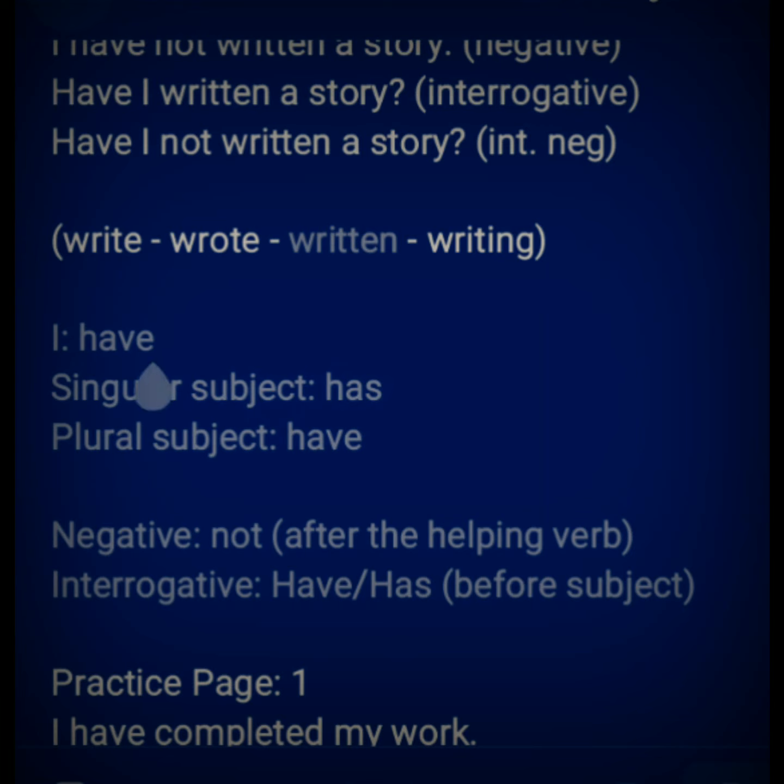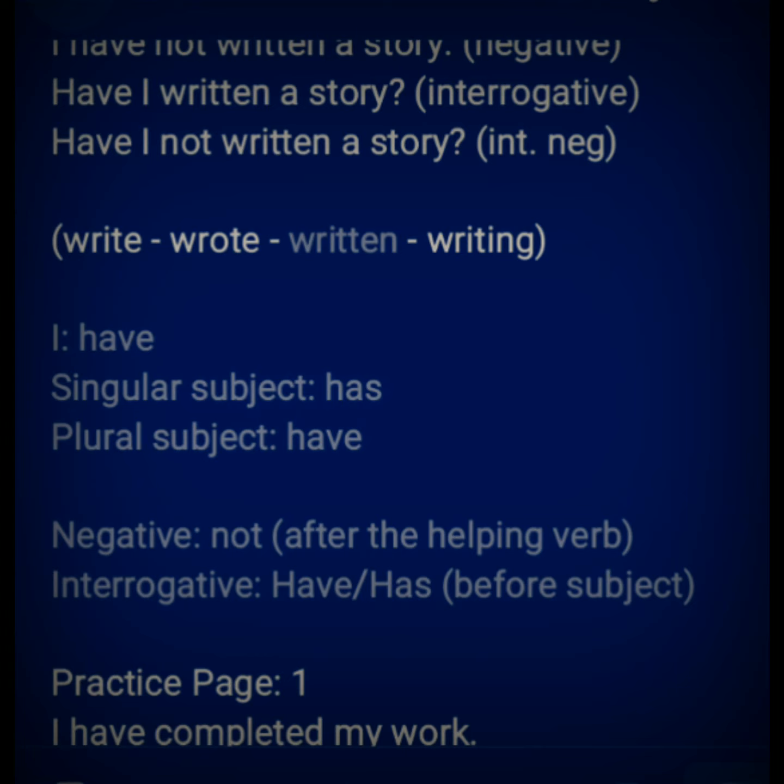With the subject I we have to use have, with singular subjects we have to use has, and with plural subjects we have to use have. Now note this, that I always carries the helping verb have. So we have to use have with I always, not has.